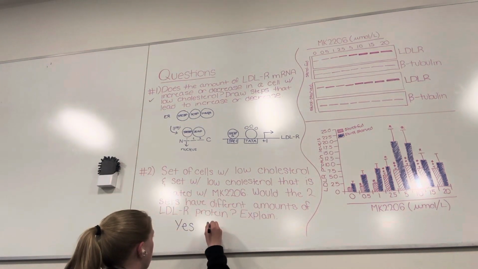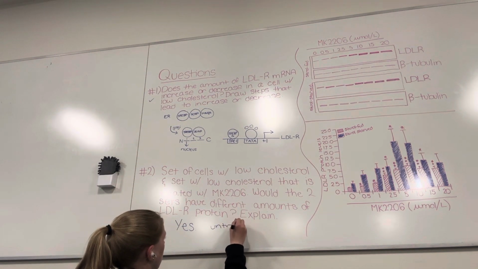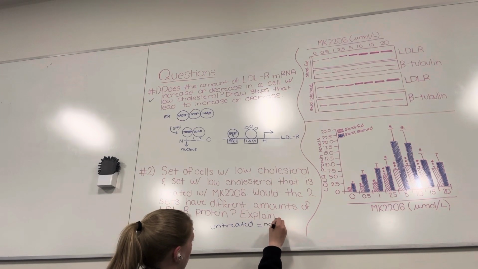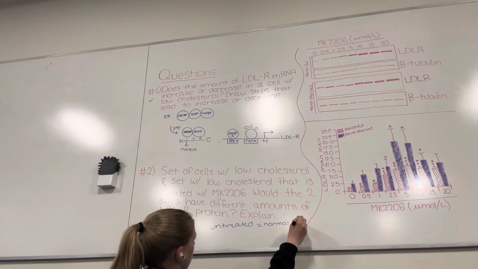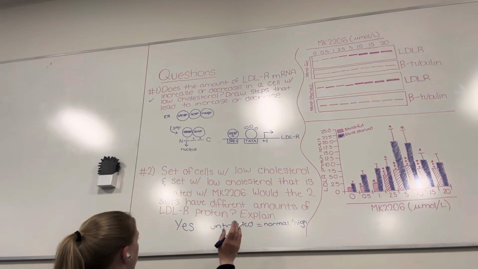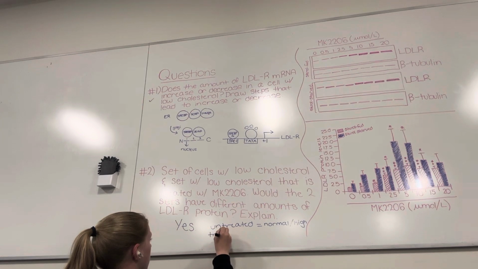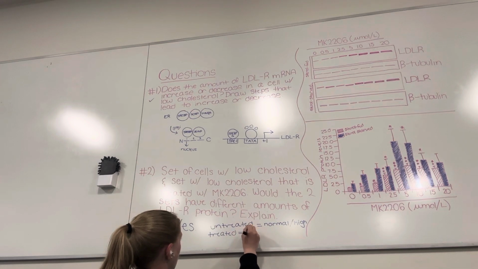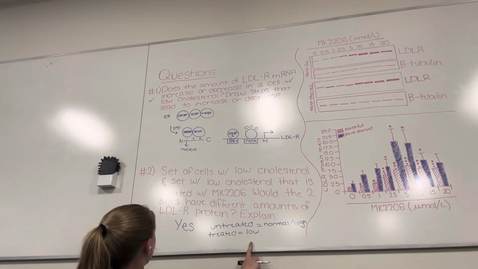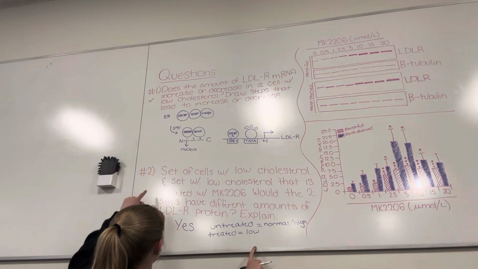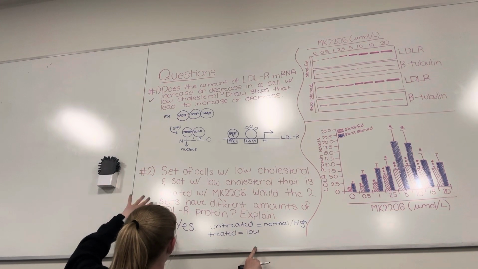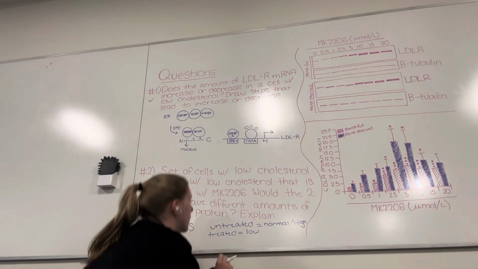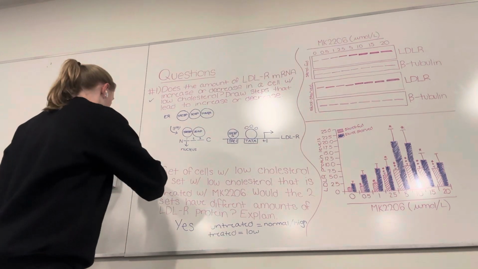So the untreated would have normal to high levels of LDLR protein, and then the treated would have low amounts of protein, because the mRNA that's produced can't get translated into protein due to the MK2206 that it's treated with.